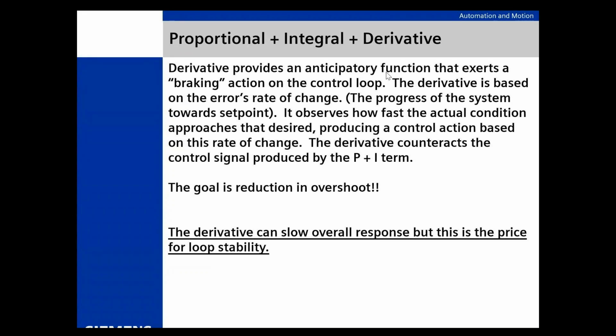Again, like I said earlier, the proportional, the integral, derivative are all tied together. They're not independent pieces. They all work together. So I'm going to have to give up a little. And what do I give up for that stability, for that accuracy? I'm going to give up some speed. And that's just the way it is. How much? Well, that's up to you to decide how much you're willing to pay for that stability. But you're going to pay for it.